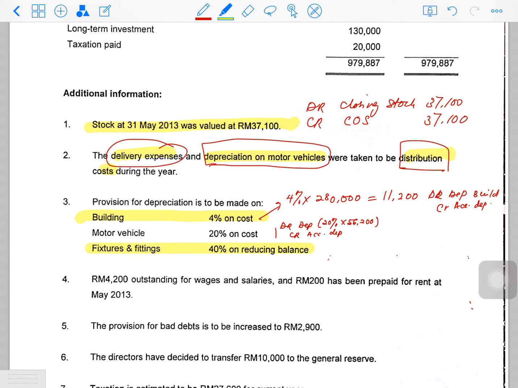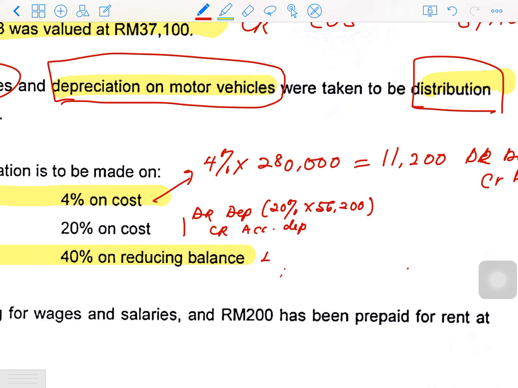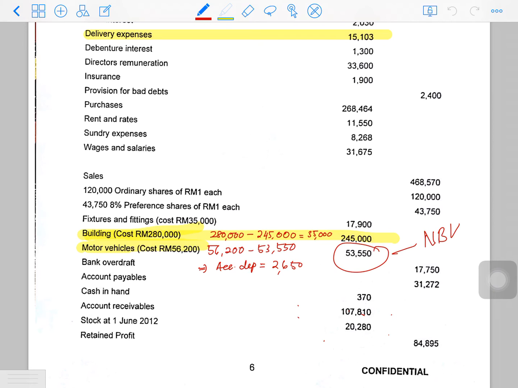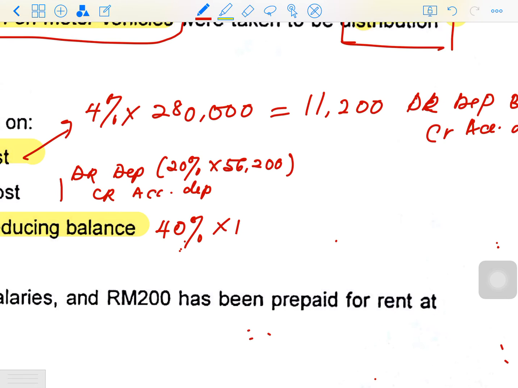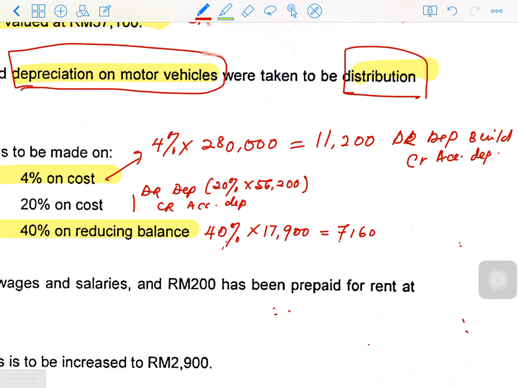Depreciation for fixtures and fittings, 40% on reducing balance method, which should be 40% based on net book value, right? So if you look at the question, the net book value of furniture and fittings is 17,900, right? So 17,900 times 40% gives you 7,160.